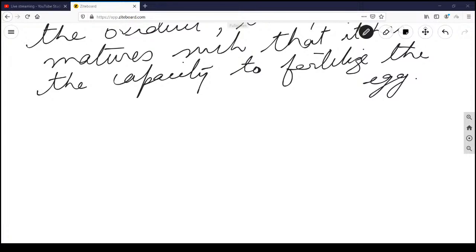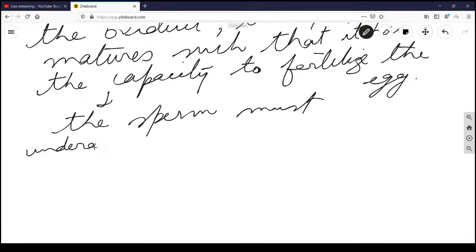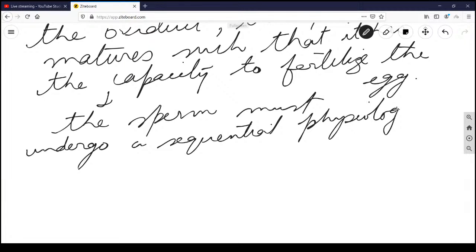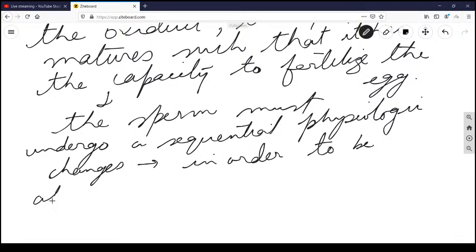In order to acquire this capacity, the sperm must undergo sequential physiological changes in order to be able to cause a successful acrosomal reaction.